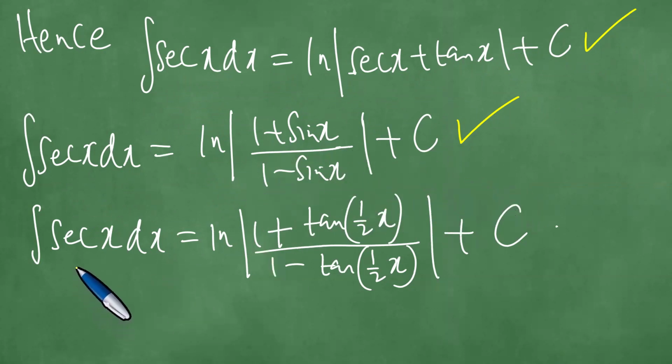And the integral of the secant of x with respect to x is the natural log of 1 plus the tangent of 1/2 x divided by 1 minus the tangent of 1/2 x, plus the arbitrary constant of integration c. And we celebrate these three results.